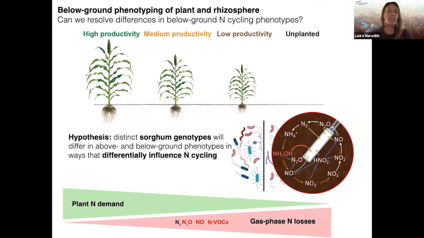We hypothesized that the more productive sorghum lines would have a greater nitrogen demand or greater nitrogen competitiveness, and so there would be less nitrogen loss in the gas phase from those lines. And that loss would increase as the productivity of the plants diminished, up to plots that didn't have plants at all.